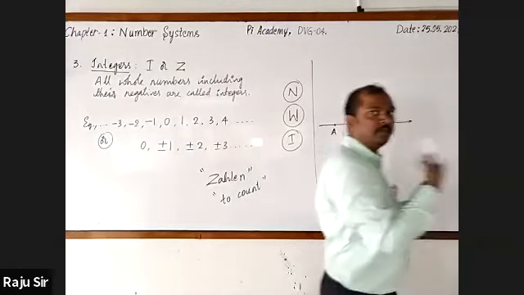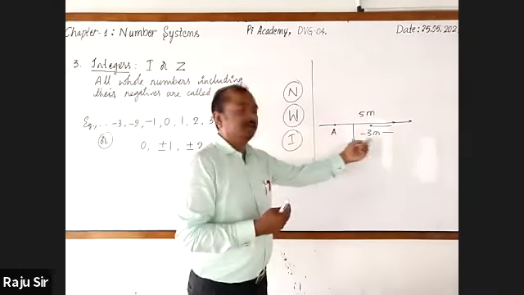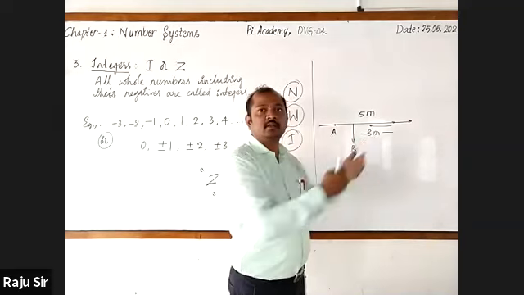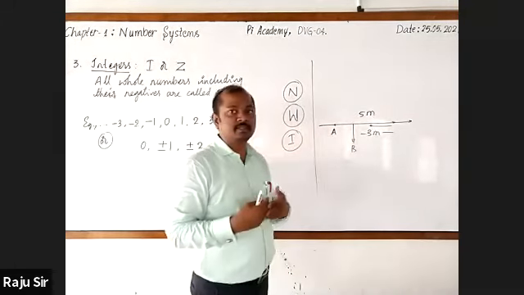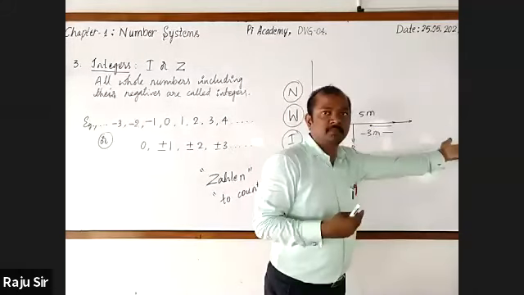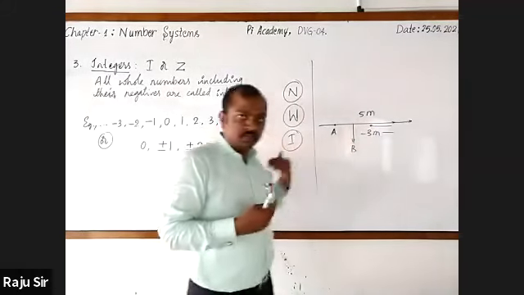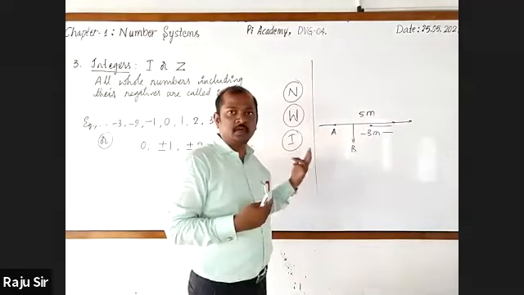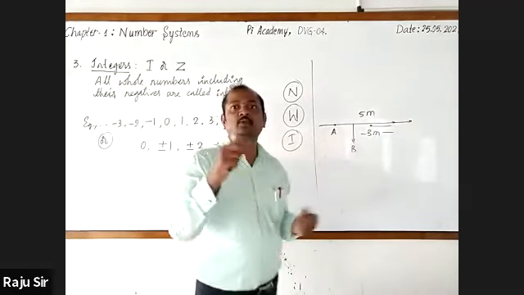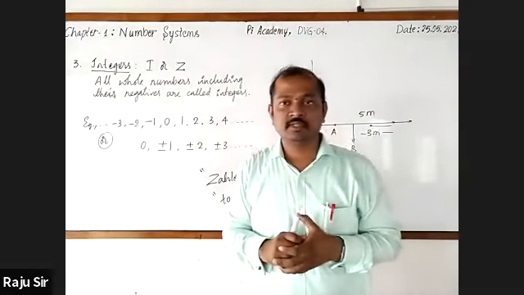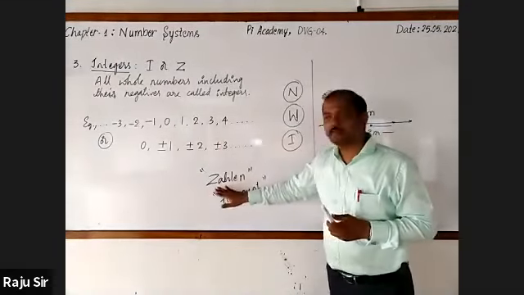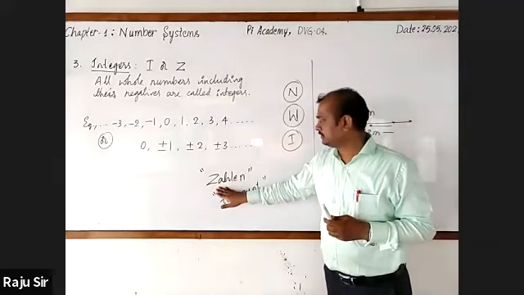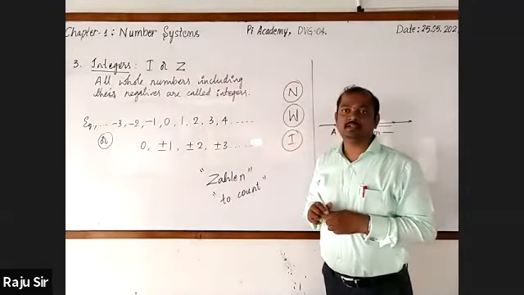Then for backward movement, he has covered 3 meters, so for backward movement we will take the negative numbers. Both positive numbers are used for counting, and negative numbers are also used for counting. Then finally we got 2 meters as the right answer. So that is why we use the letter Z to represent integers.